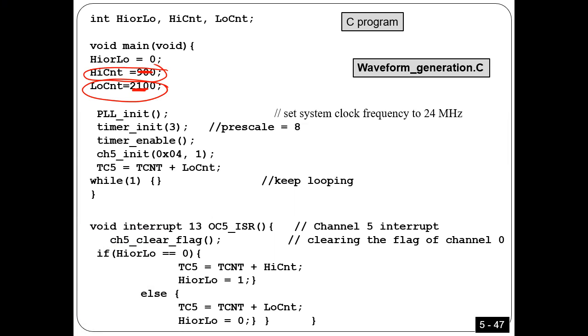You can change the duty cycle easily. You can use exactly the same program. This program is a generic, general program, so all you have to do is change these numbers. And that's what we are gonna do today, by the way.